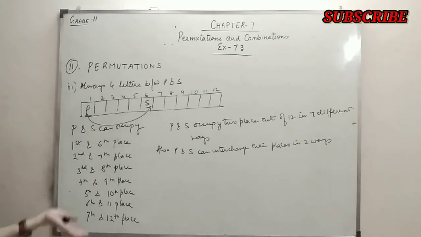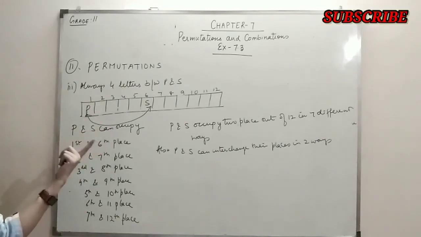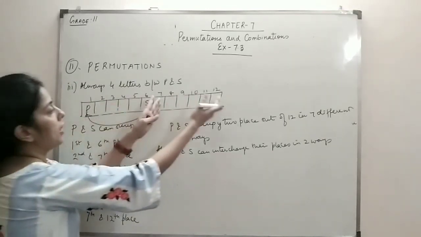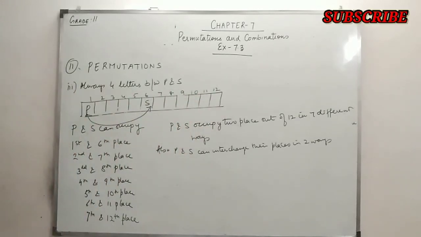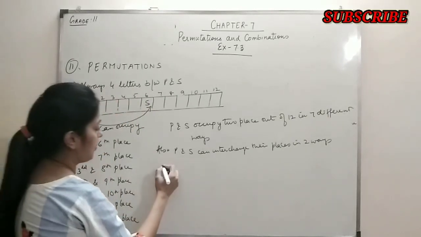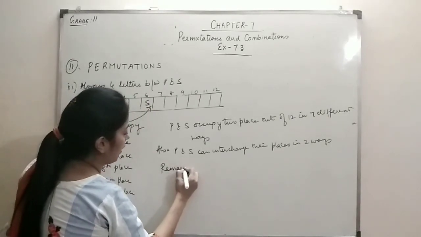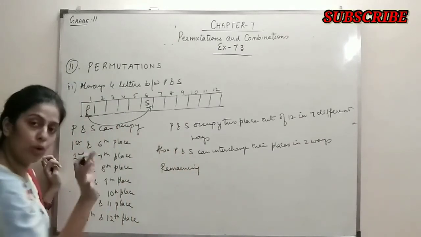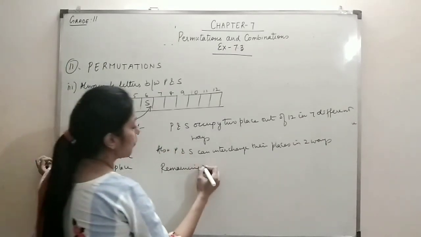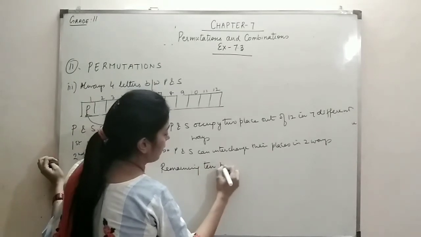Now, the condition is that between P and S there are 4 letters. So the remaining letters will come in the other places. The remaining 10 places can be filled with the remaining 10 letters, because 2 letters, P and S, we have taken.